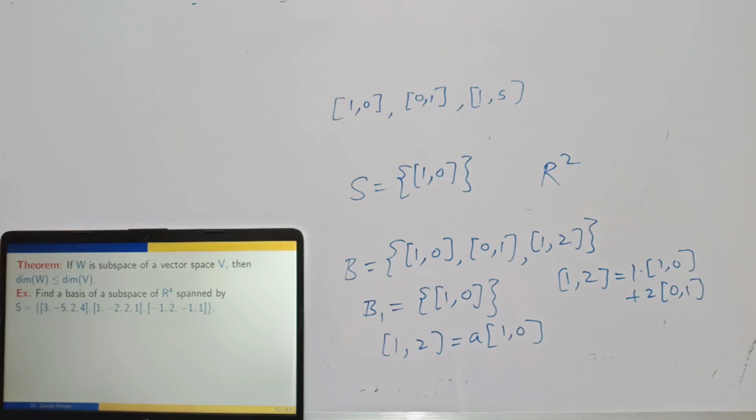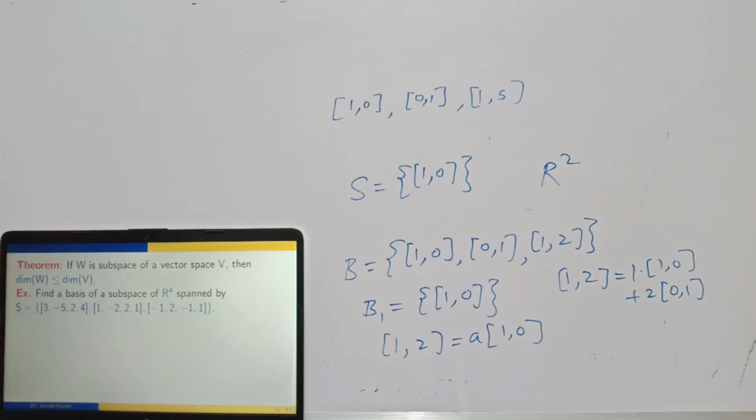In this example, find a basis of a subspace of R4 spanned by these three vectors. A subspace of R4 is spanned by these three vectors. So how to find basis for that subspace, not for R4. R4 is having some subspace that is spanned by these three vectors. Okay?